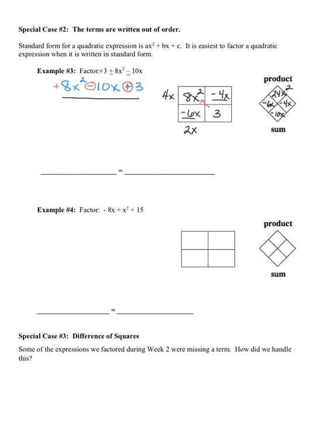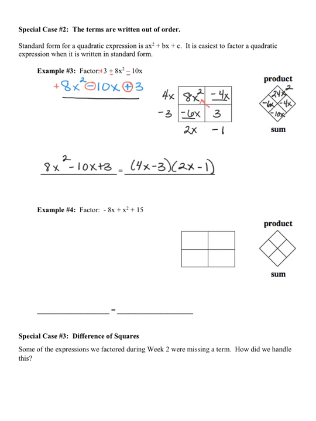That means I also need a negative 3 in this position to give me negative 6x, and I need a negative 1 in the bottom right-hand corner to multiply to give me positive 3, and also negative 4x in the upper right-hand corner. My expression, 8x squared minus 10x plus 3, factors to 4x minus 3 times 2x minus 1.